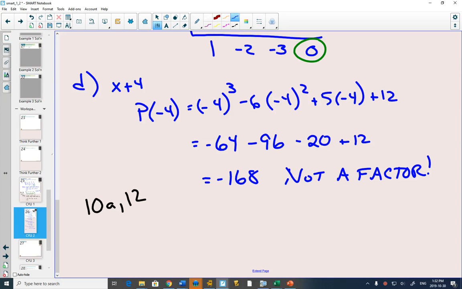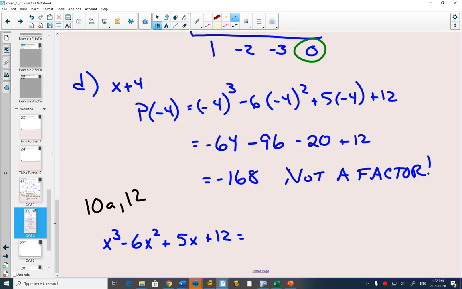Not a factor. I'll tell you that 10A and 12 are going to be your questions, but I want to show you something interesting with this question. So we found out there were 3 factors. Our original equation was x cubed minus 6x squared plus 5 times x plus 12.